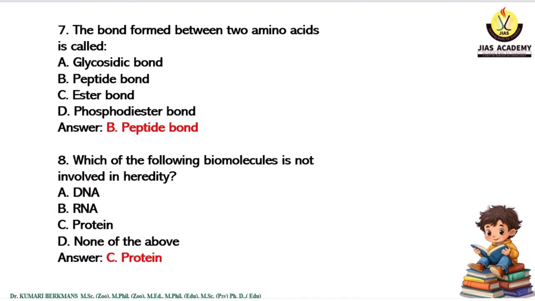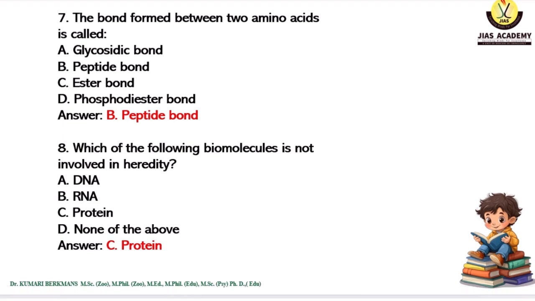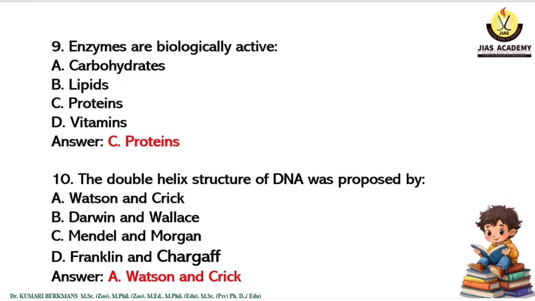Which of the following biomolecules is not involved in heredity? DNA is involved, RNA also involved. Very good. Nearly 18 members answered. It is protein. Next question: enzymes are biologically active. This I already explained many times. Almost all answered.